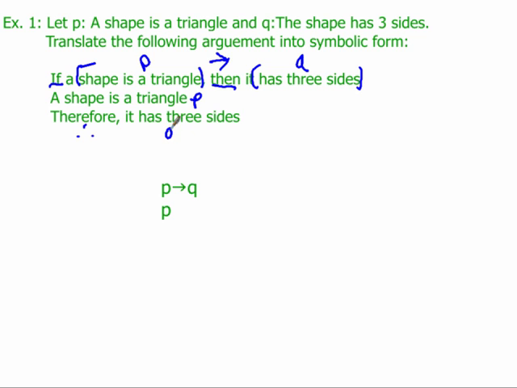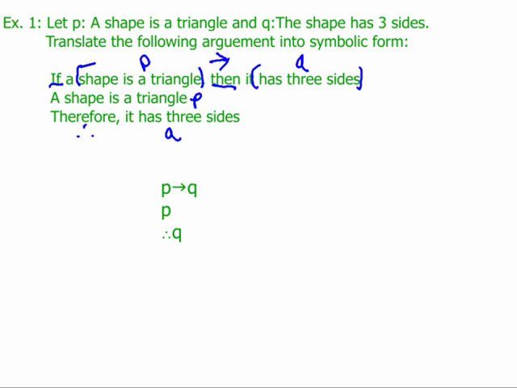That's Q. So my next line is therefore Q. All right, my 3 dots and then Q. So this is the symbolic version of this argument. We're saying if P, then Q, P, therefore Q. P implies Q, P is true, therefore Q is true. We're just taking this verbal argument and representing it symbolically.